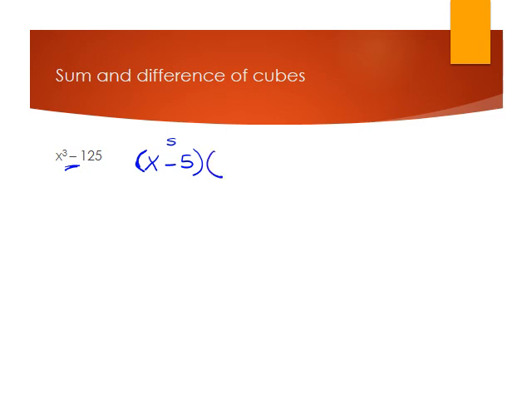I'm going to square this first term here, x squared, multiply these, 5x, but it's opposite, so it's plus, and then always positive for the third sign, and we square the last, 25. And so that is our final factoring. This trinomial can't be factored at all if you have already factored out a greatest common factor.